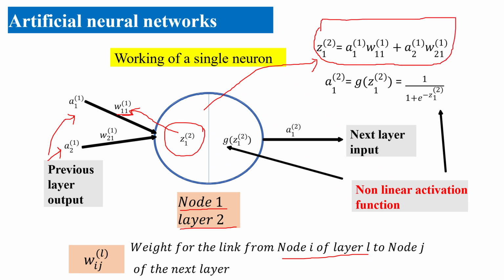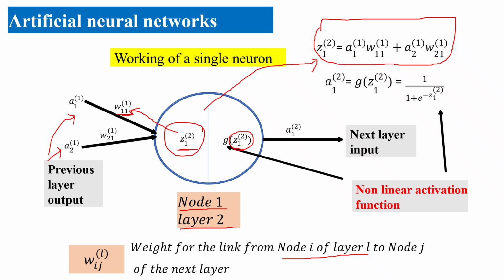Now we go to the second part of the neuron, which is the nonlinear activation function, the sigmoid function which we saw earlier. g(z) is applied on this sum which we have got. So g(z) is nothing but 1 by 1 plus e to the power of minus z.